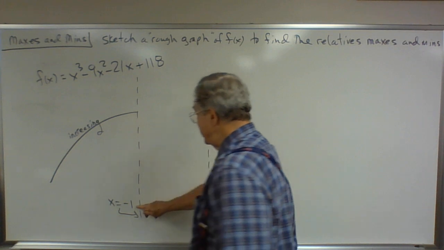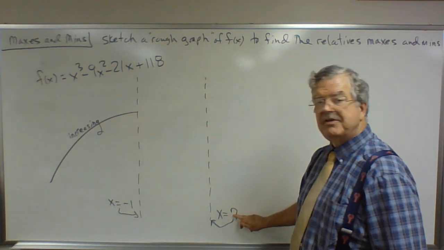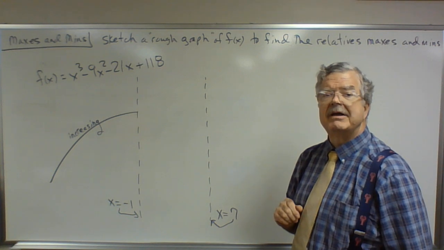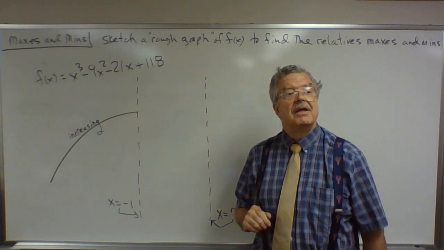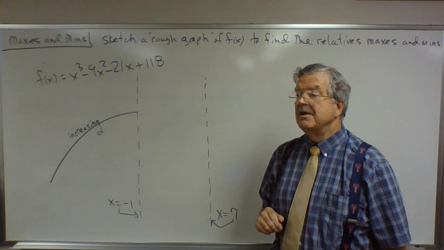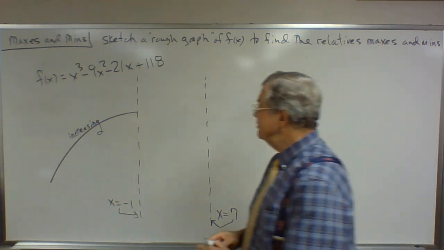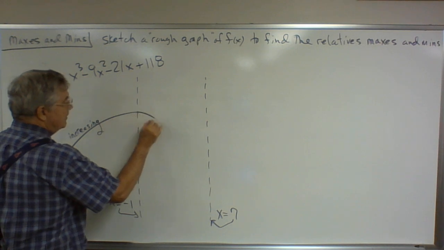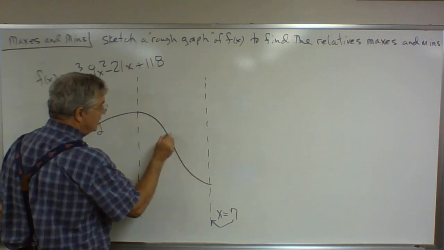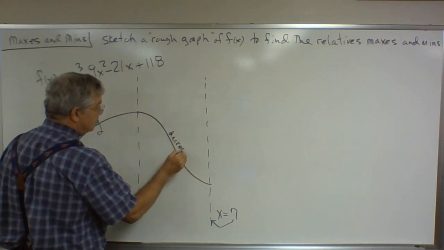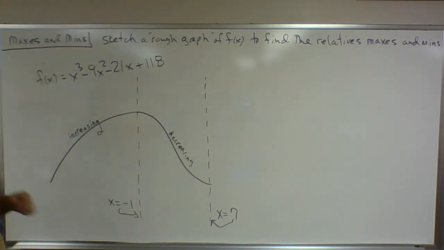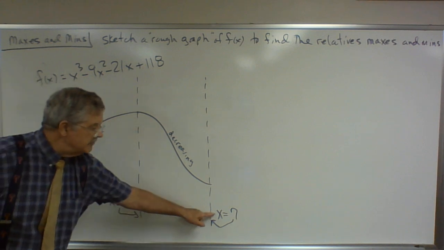Between x equal negative 1 and x equals 7, on the interval from negative 1 to 7, what was f of x doing? It was decreasing, wasn't it? Going downhill from left to right. So here's f of x going downhill, decreasing from left to right between x equal negative 1 and x equals 7.